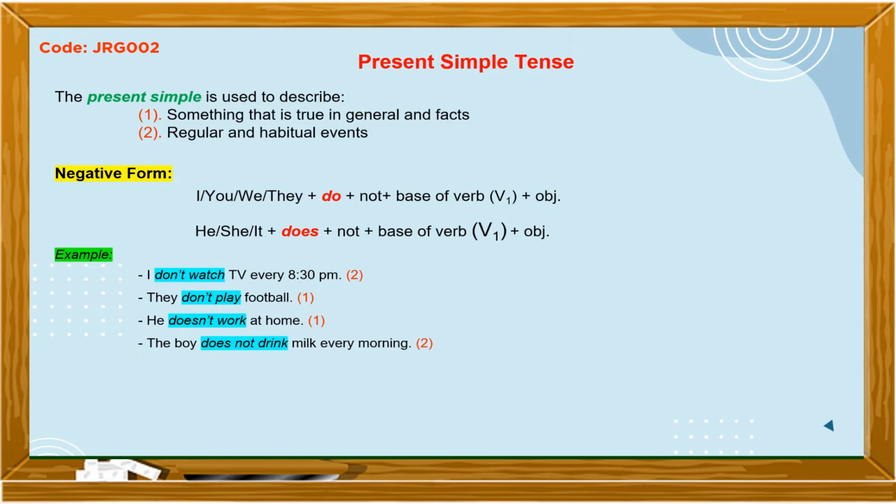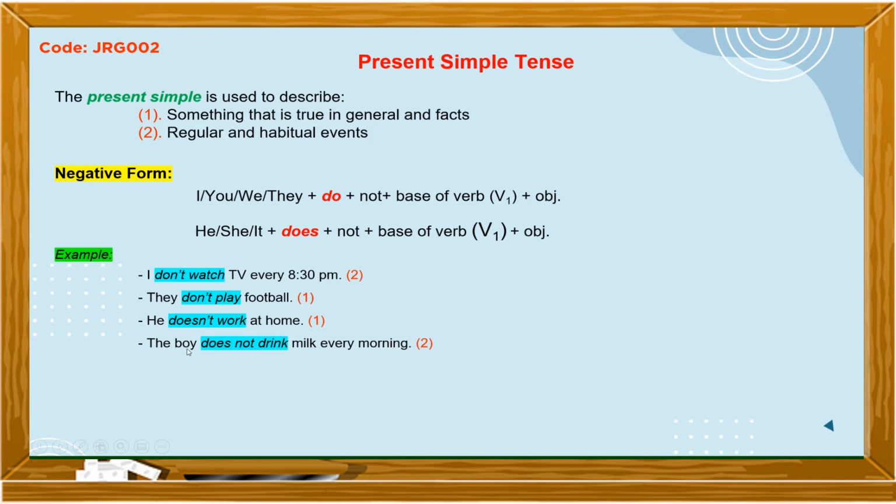So right now I don't use a subject pronoun, but I use the word boy as the subject of the sentence. So don't worry, everybody. When I don't use a subject pronoun to be the subject of the sentence, what you need to do is just look at the subject right now here, the boy here.